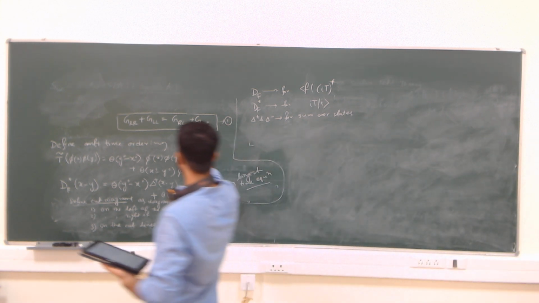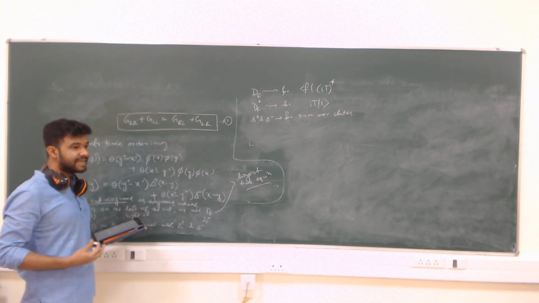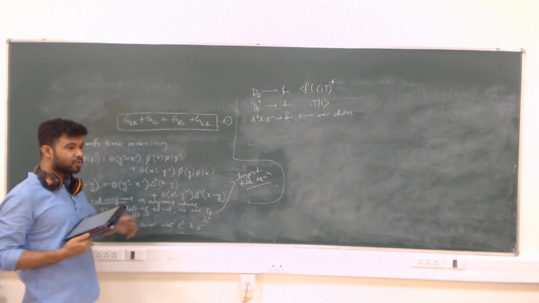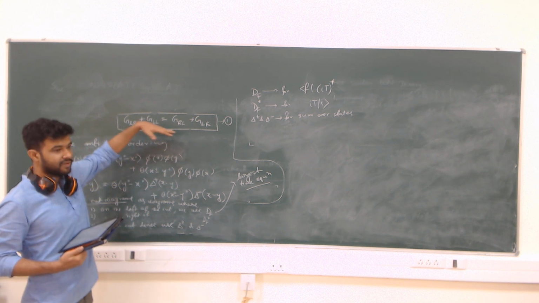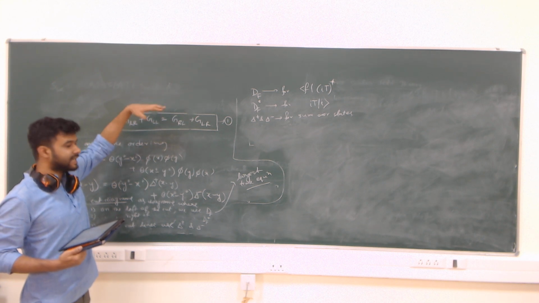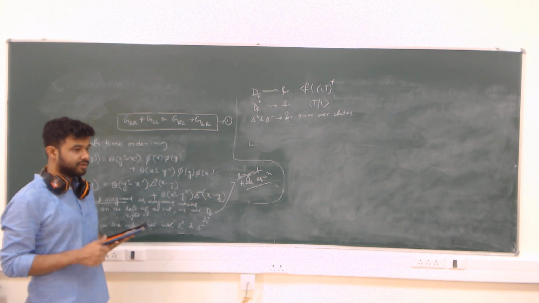This is actually not only true for propagators, but valid for any Feynman diagram. So for any correlation functions also this should be true if you are dealing with Schwinger-Keldysh, and whether you have a unitary theory or not. That we need to know.